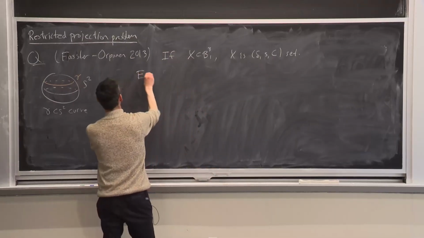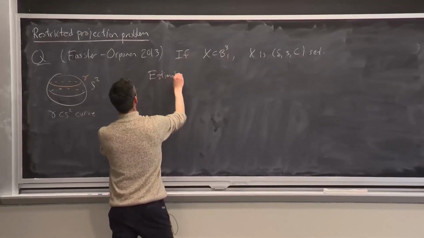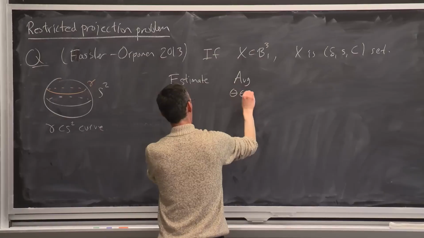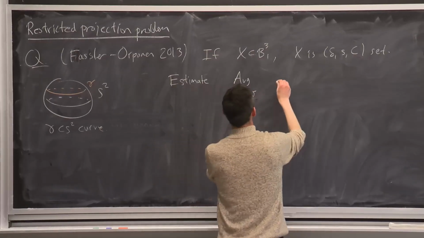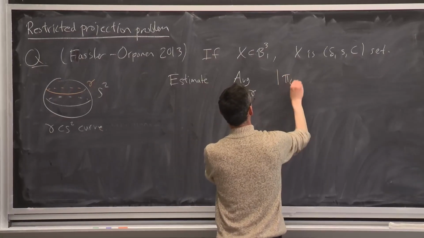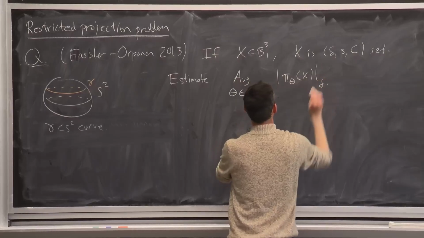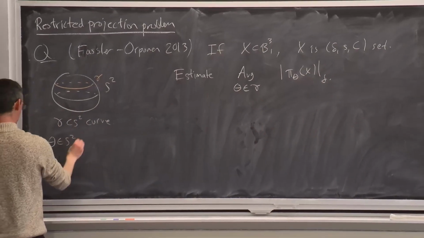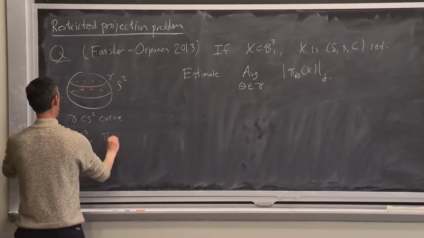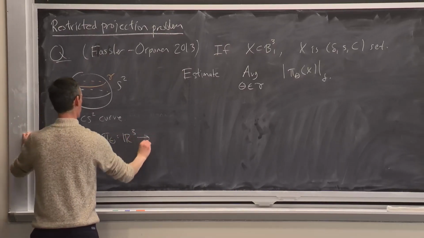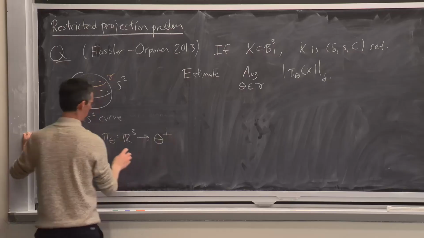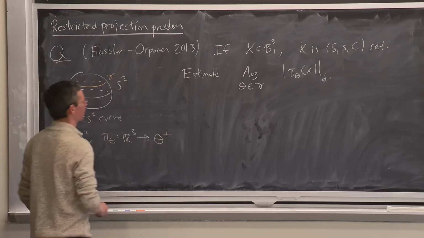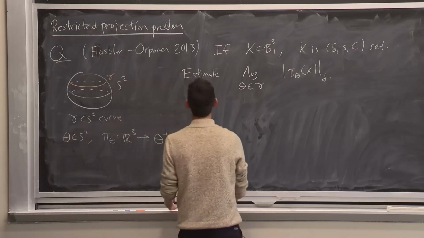Then estimate the average over all the directions in gamma of the delta covering number of pi theta of X. OK, so theta is a direction, an element of S2, and pi theta is the orthogonal projection from R3 to theta perp, so from 3 dimensions to 2 dimensions. Okay. So estimate the average of that.